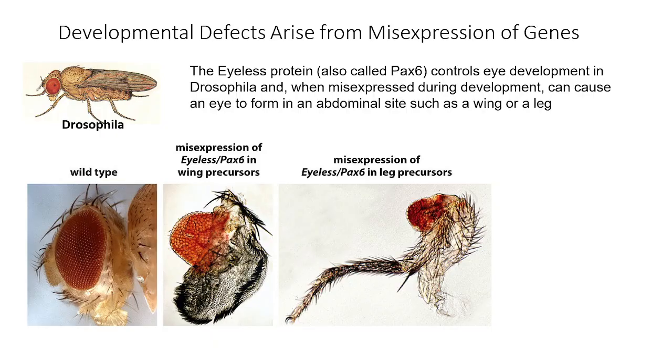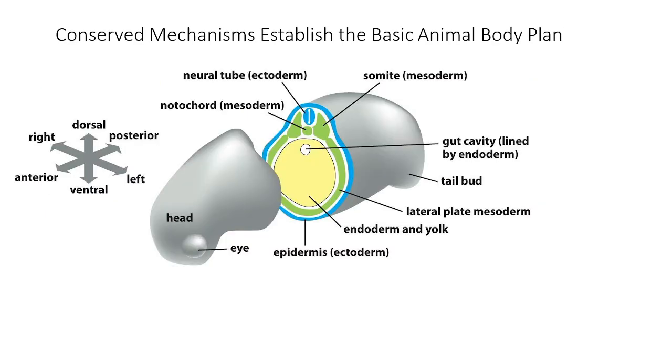So you see that the wild type has a normal position of the eye, whereas misexpression of eyeless or PAX6 can lead to eye formation in the wing region. So these are some of the developmental defects which arise from the misexpression of genes.